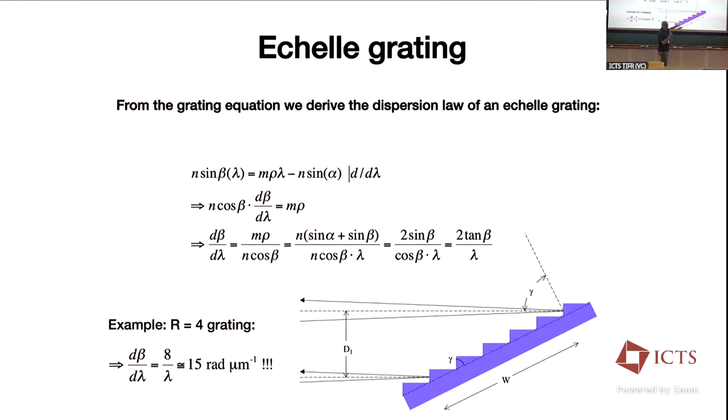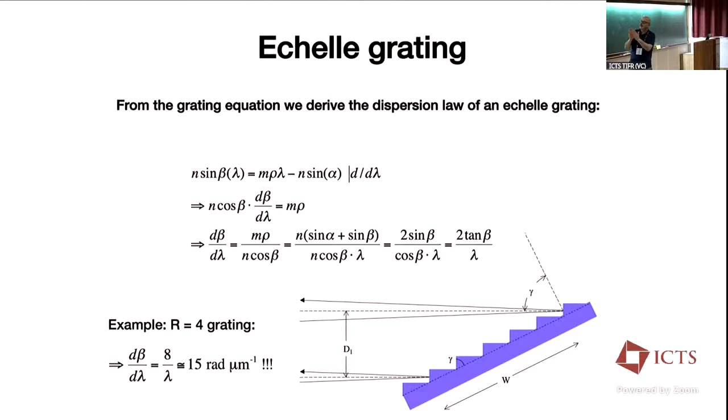So the resolving power will not depend on the groove density, only on the angle. However, if you make the grooves broader, the order number goes up. The free spectral range, the length of the orders, is lambda divided by the order.